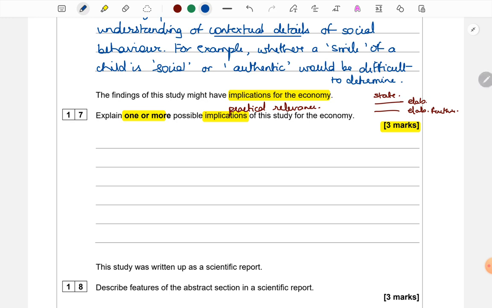So one implication is of parents returning to the workforce, impacting the economy.